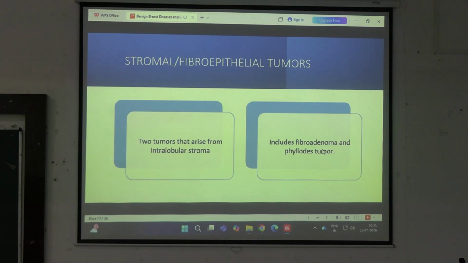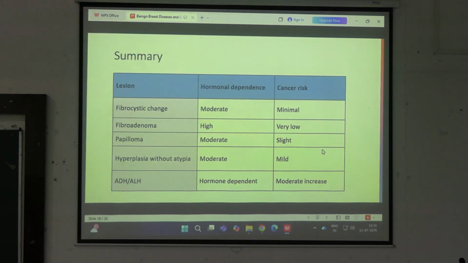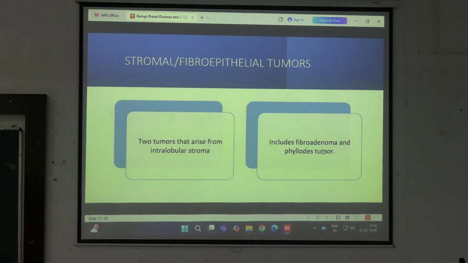So next, the previous ones were the epithelial tumors, lesions which arise from epithelium. Now these are the stromal or fibroepithelial tumors. There were two parts: the epithelial one and the other, the pink part, the stroma. The fibroepithelial tumors give rise to two tumors: fibroadenoma and phyllodes tumor.